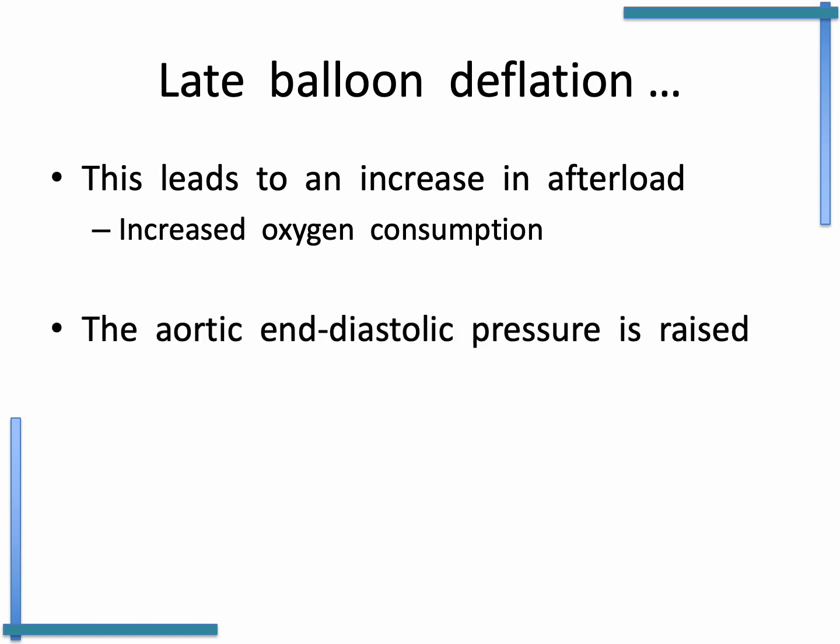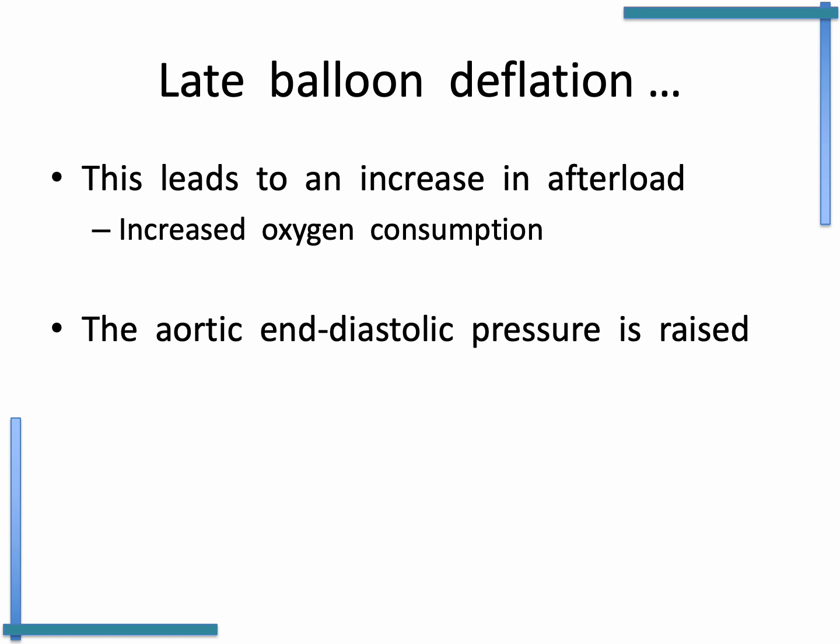So the fact that the aortic end diastolic pressure is raised means that the balloon now adds workload to the heart. So if we consider then the four abnormalities of timing of balloons, the worst two are early inflation and late deflation.